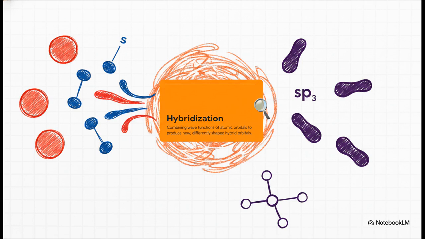I actually love to use a mixing paint analogy here because it makes it so concrete. If you mathematically mix one bucket of red s orbital paint with 3 buckets of blue p orbital paint, you don't just get a patchwork of red and blue. No way. You get 4 entirely new buckets of perfectly identical purple sp3 hybrid paint. The atom is literally creating customized, equivalent connections to build stable molecules.